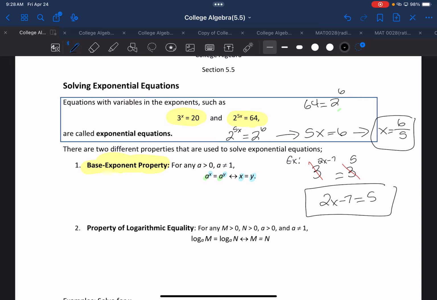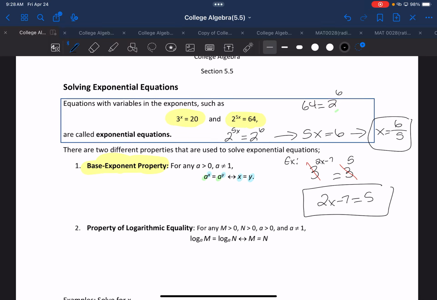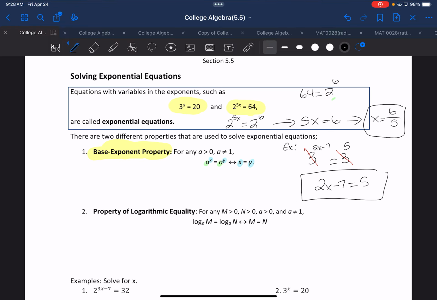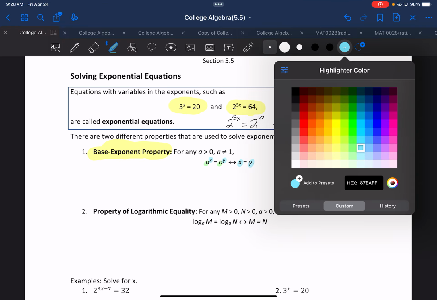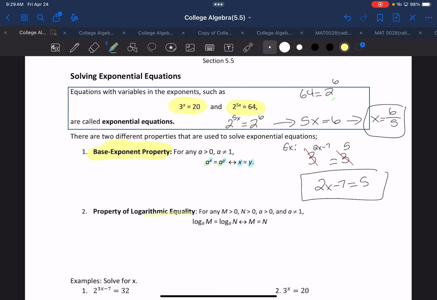So that is the first property. The second property is called the property of logarithmic equality.